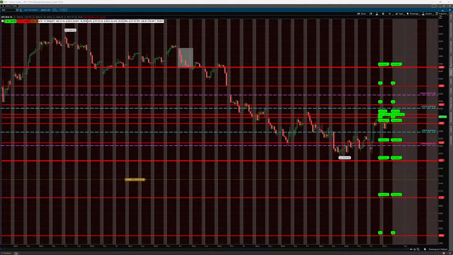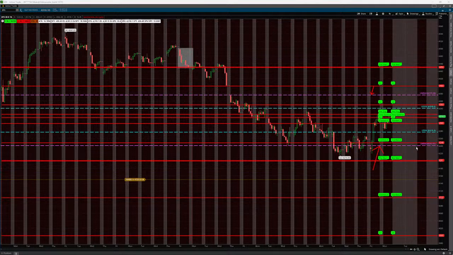All right, let's take a look at some levels on this chart. So first of all, the dashed purple lines are showing the lower and upper weekly expected move. This is based on the options market. This is a 1 standard deviation move, so 68% of the time SPX should trade within that range for the week.